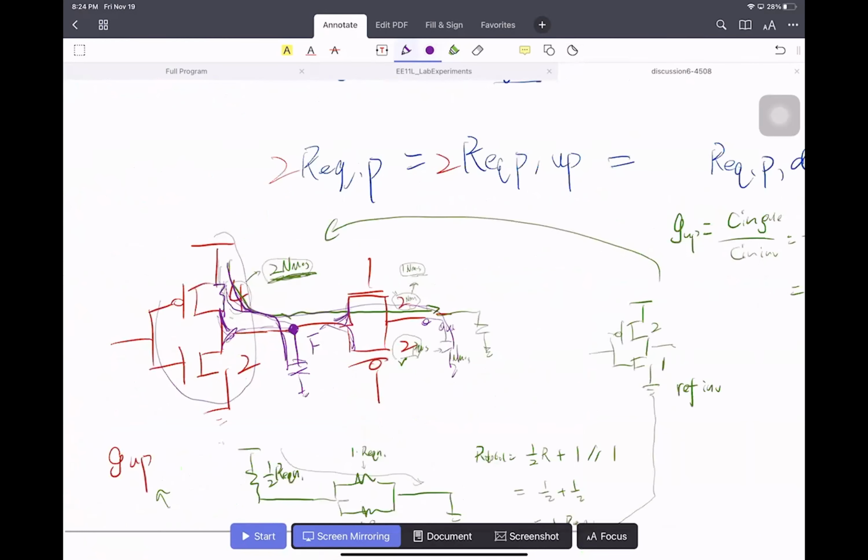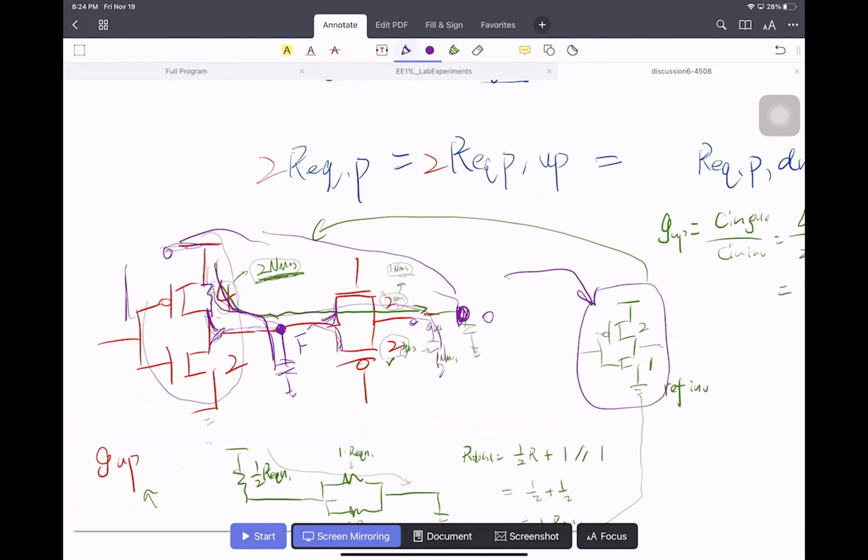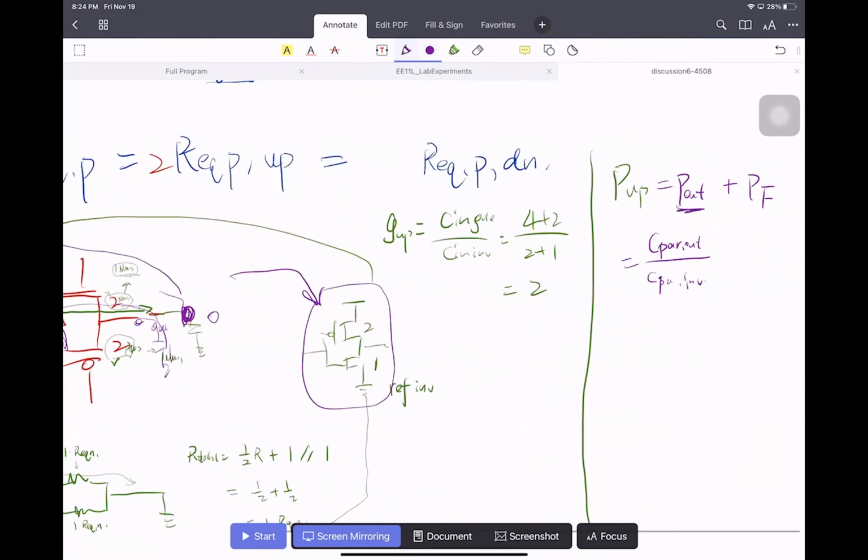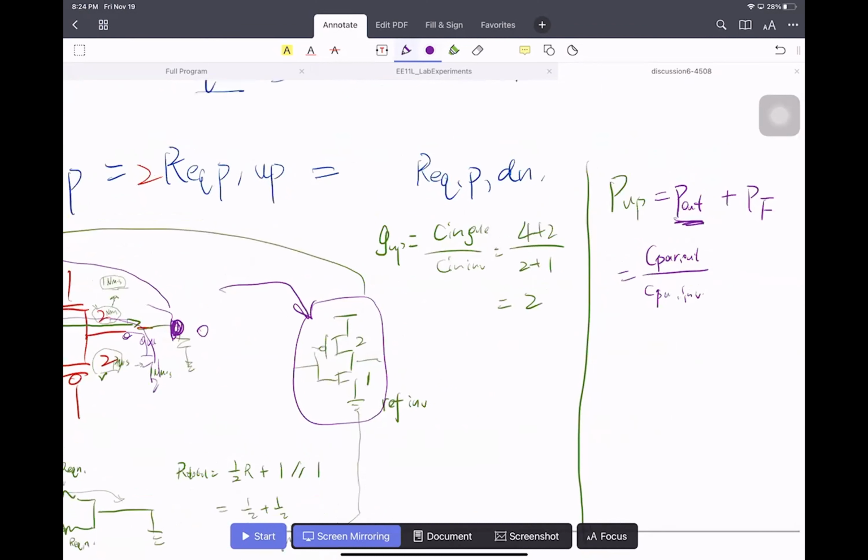Because from the VDD to the output, the reference inverter is this one. That is referring to the driving strength from the VDD to output. So the parasitic delay for output should be the same as this one.